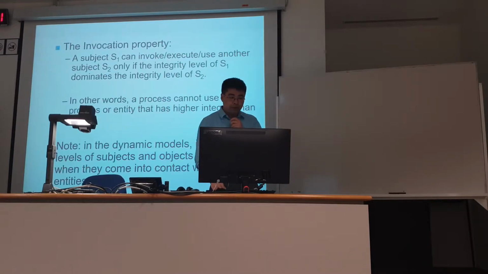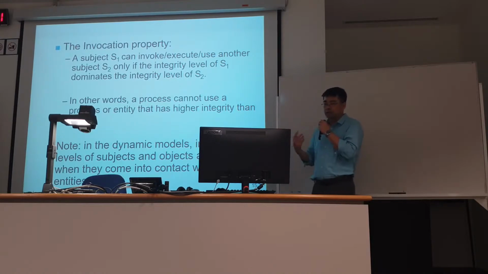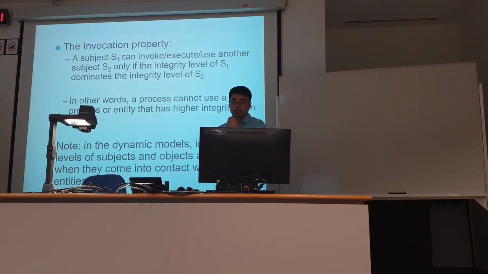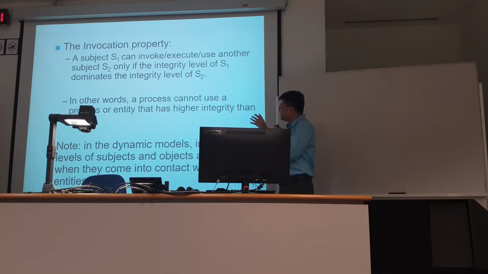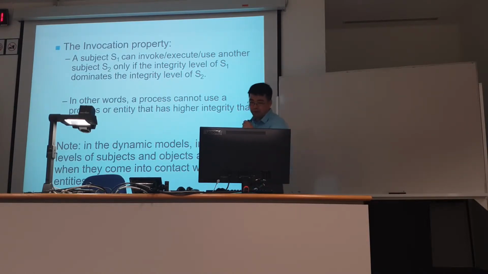And then we also have the invocation property. If one subject wants to invoke or execute another subject, then the subject S1 must have a higher integrity level than the subject S2. This one is quite straightforward, right? All these rules are still just for the static case, but for the dynamic case, it's even more complex.